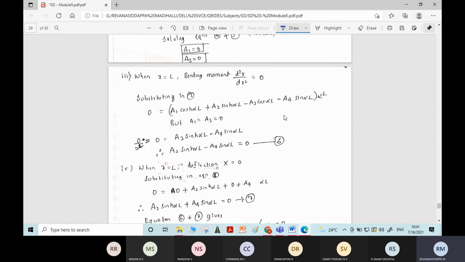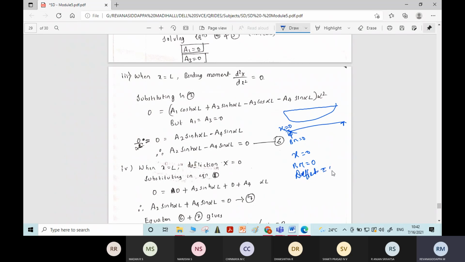Are you able to understand all these conditions? If you take a simply supported beam, at x equal to 0, the deflection is equal to 0 and the bending moment is also equal to 0, because it is a simply supported beam.